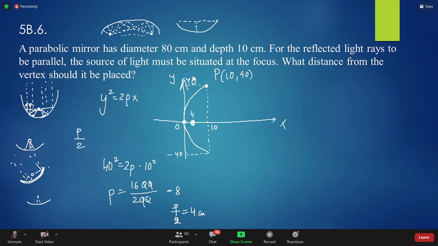In this case, we need a powerful light beam, and that's why evidently the mirror is bigger, so that the reflecting surface is comparatively bigger. In the satellite dish, you see the reflecting surface is comparatively smaller. In this case, a comparatively larger reflecting surface will result in a more powerful light beam.